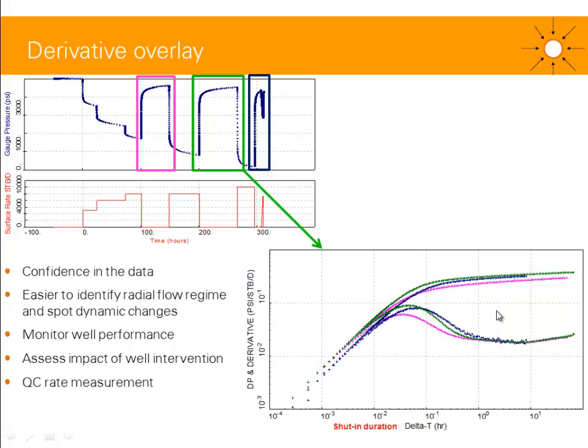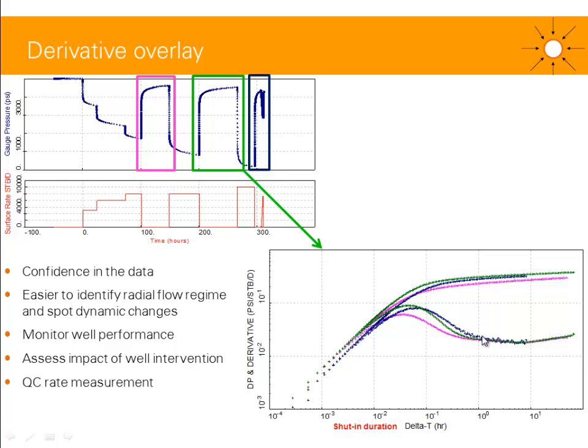So for example, remember the vertical separation between this stabilization and the delta P plot is indicative of the skin. So here on pink, if you look at the pink and the green, you might say that this vertical separation is increasing. So maybe our skin is increasing between the two. As well, you could see that the hump as well is increasing, so that's indicative of more damage.